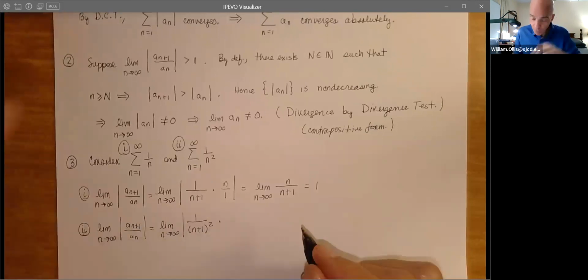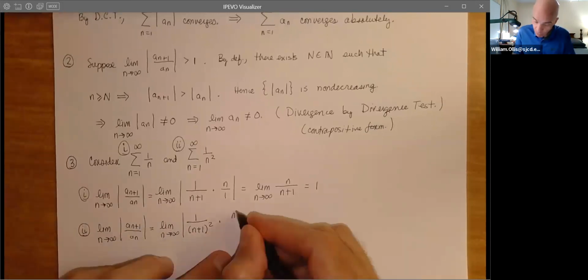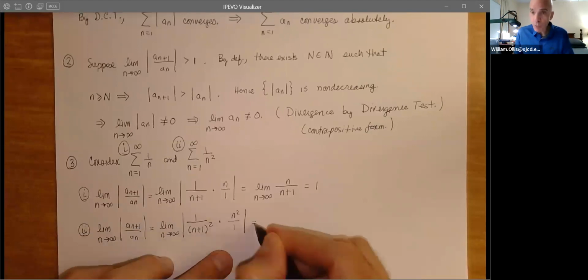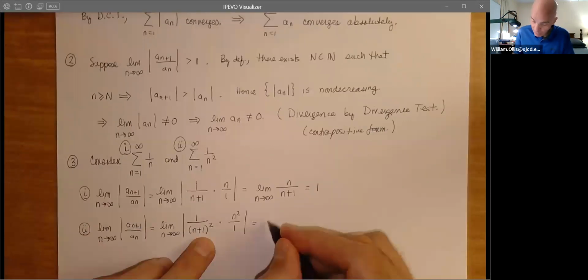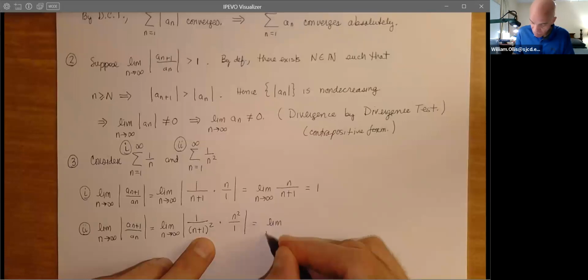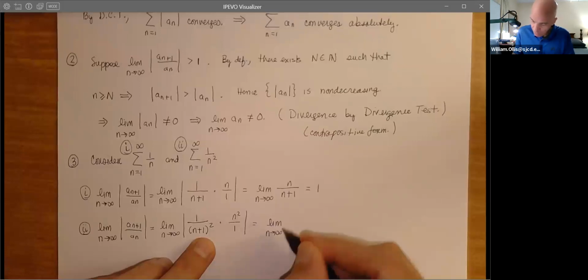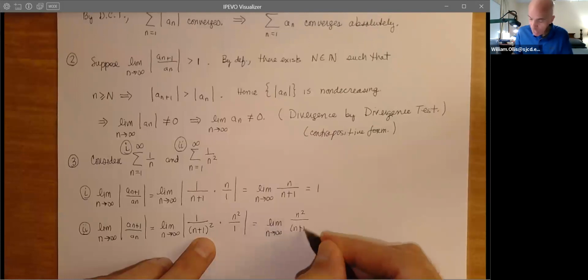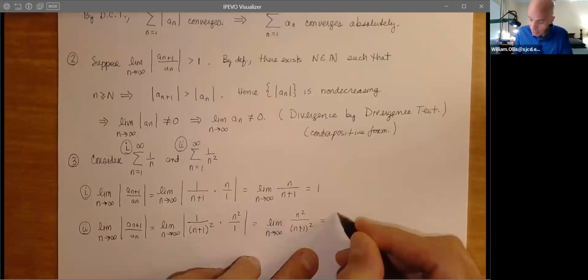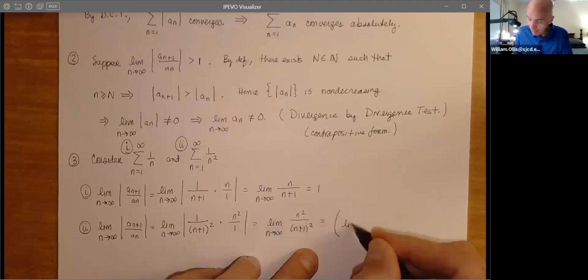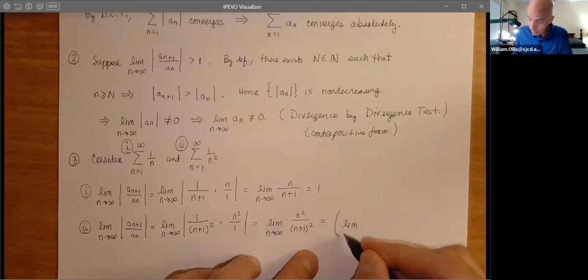So that would be the reciprocal, n squared over 1. Again, we can remove the absolute values. So this will be n squared over n plus 1 squared. And now we can just use continuity and move the limit inside of the umbrella of the square.